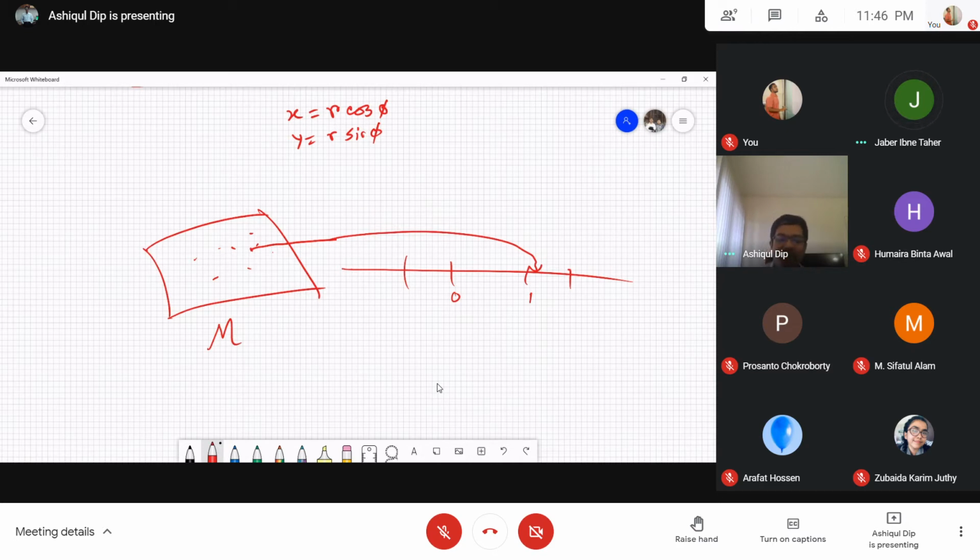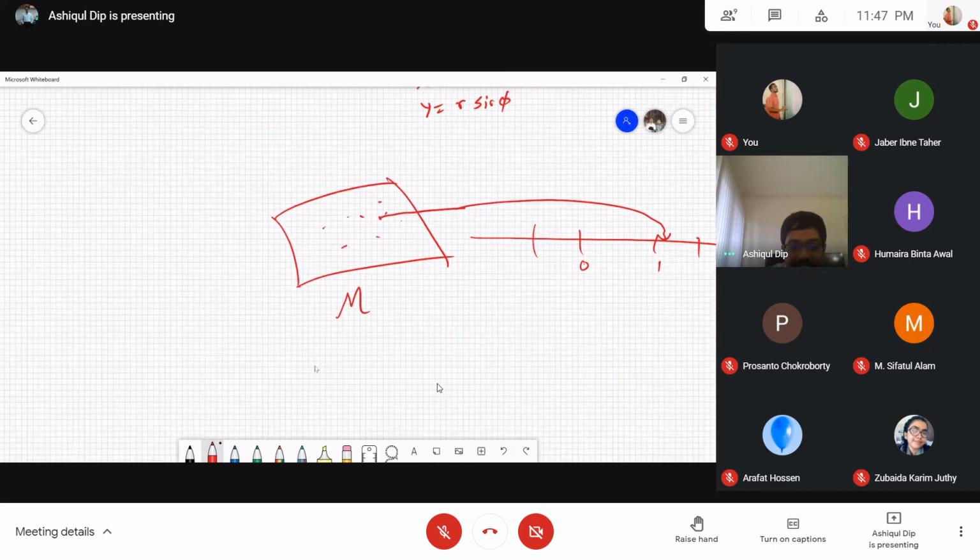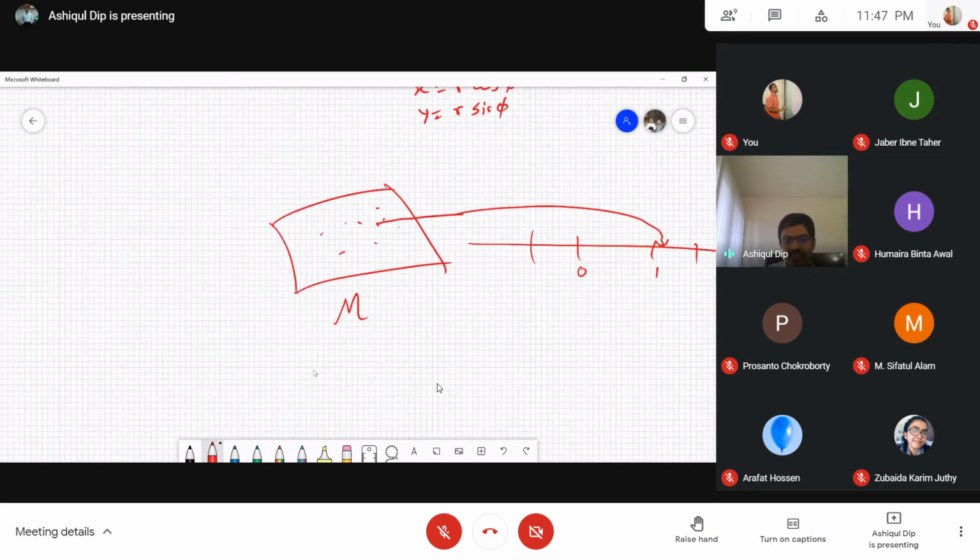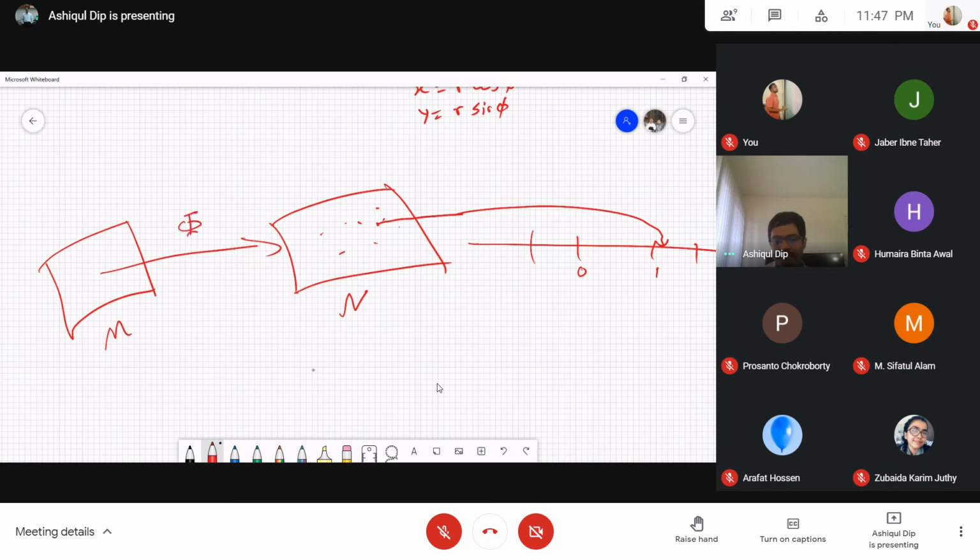All we're thinking about is what would happen if this is our space N, and this is our space M, and M has a relation to N through phi, and this map is F. Here is a point P tilde prime, here is a point P tilde.